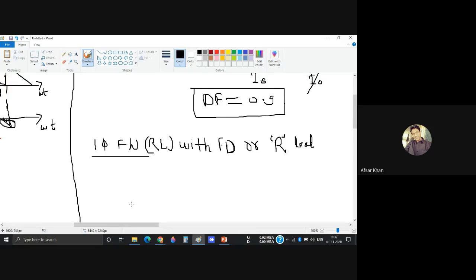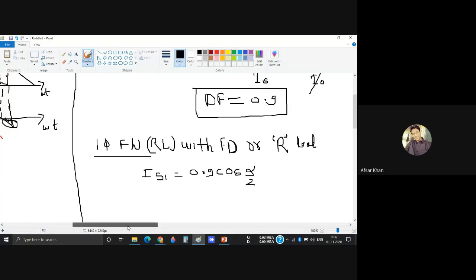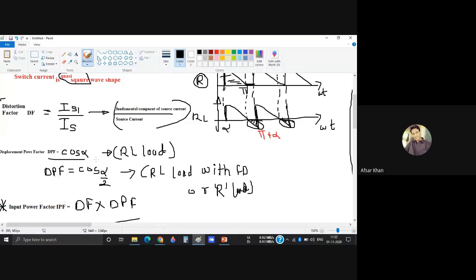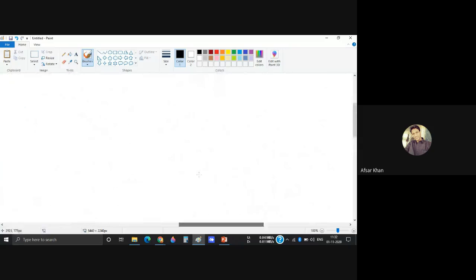For this again IS1 will change to 0.9 I naught, with only one term to include, cos alpha by 2. Why cos alpha by 2? You have seen this. Sorry, it was the displacement power factor.